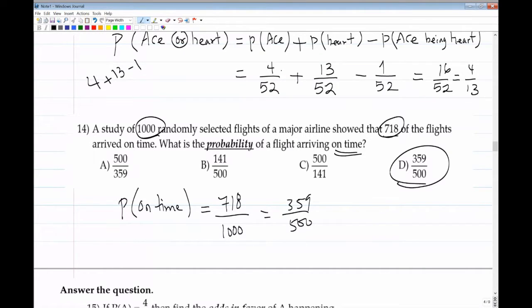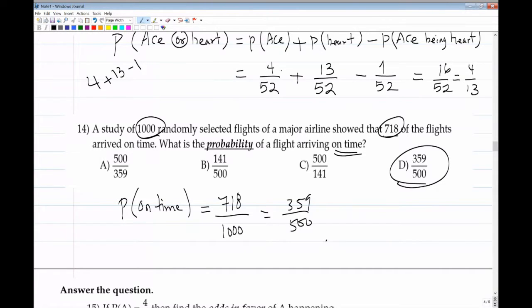That's if the question asks how many arrive on time. So if I want to find out how many are not arriving on time, then I'll subtract to find the difference. I'll say 1 minus the probability right there, that will give me the ones not arriving on time.